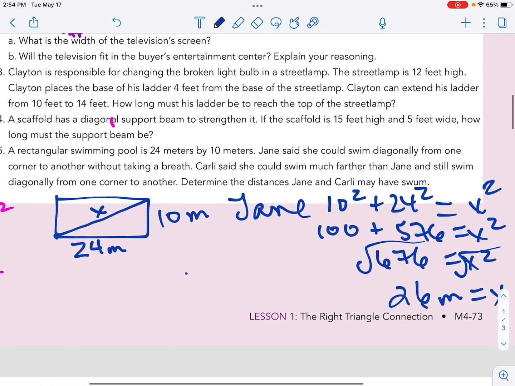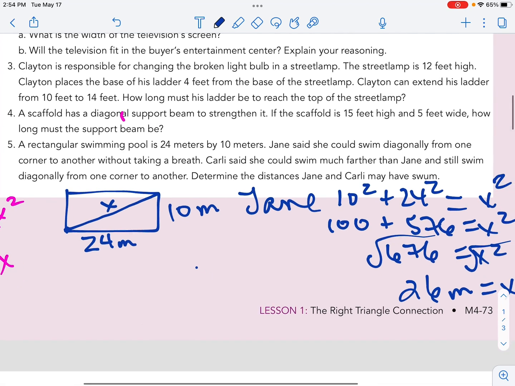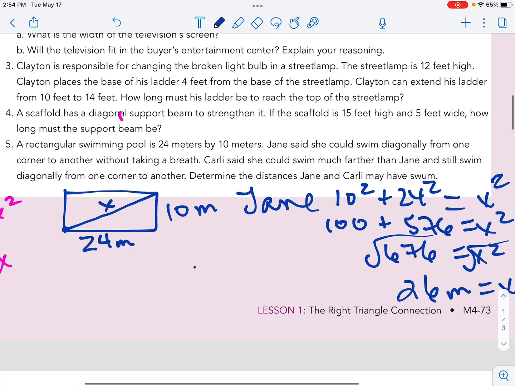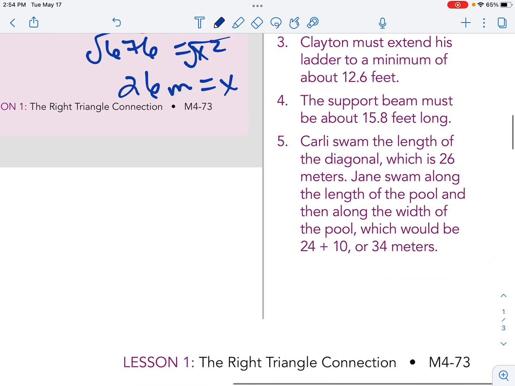Jane said that she could swim diagonally from one corner to another without taking a breath. Okay, that makes sense. Carly said she could swim farther than Jane and still swim diagonally. So Jane swam the length of the diagonal, which is 26 meters.